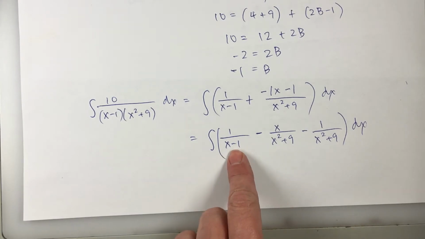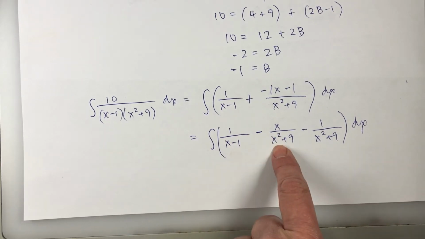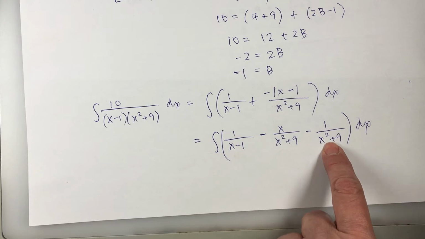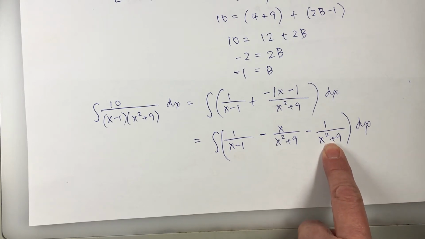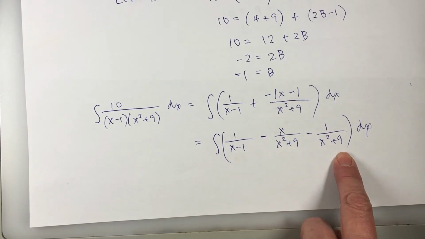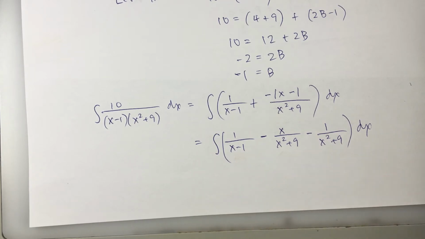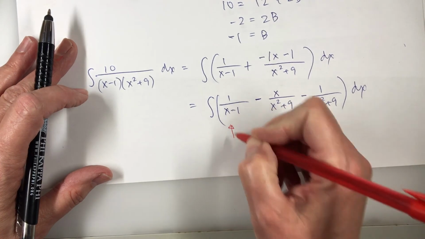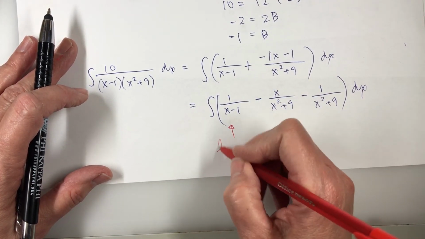Okay, this part here is going to be a natural log. What about this part? U substitution, and I guess eventually maybe a natural log. This part, that's an inverse tangent, but I probably have to do a little work to get that inverse tangent. Yeah, I do. So this one is a natural log.